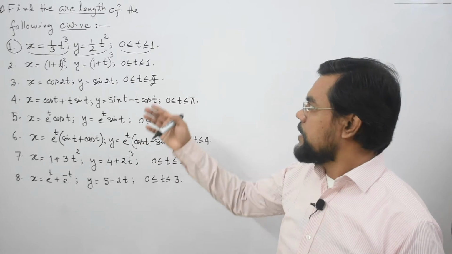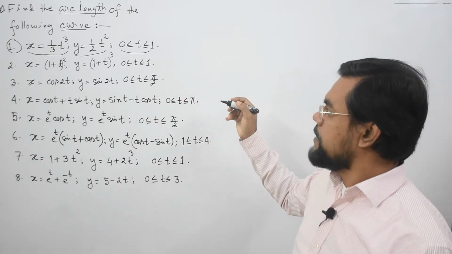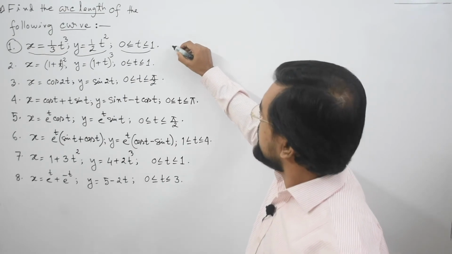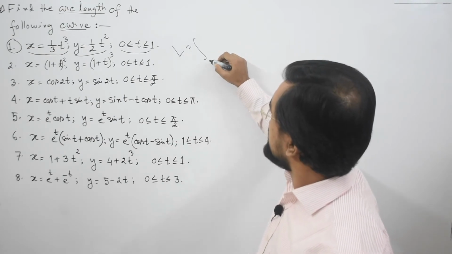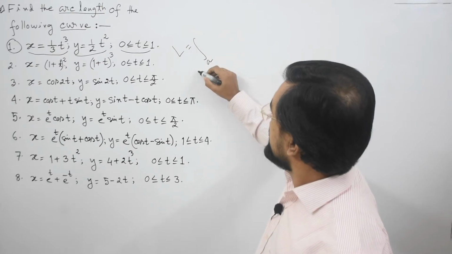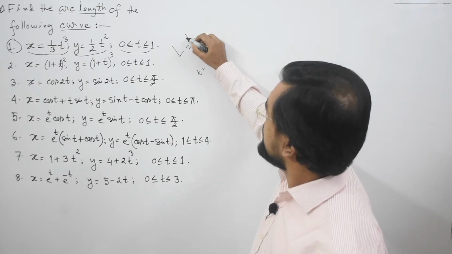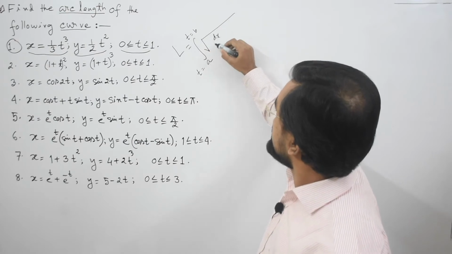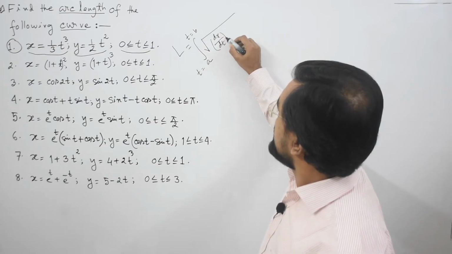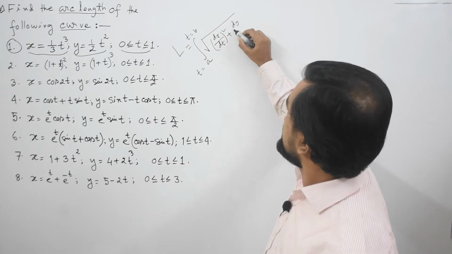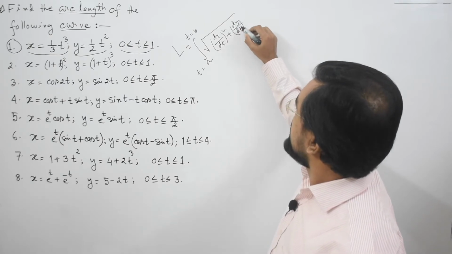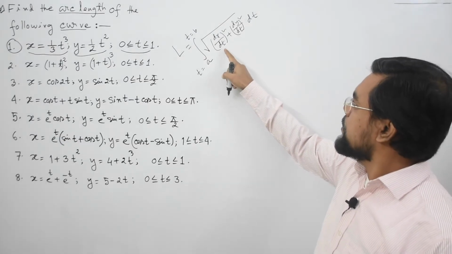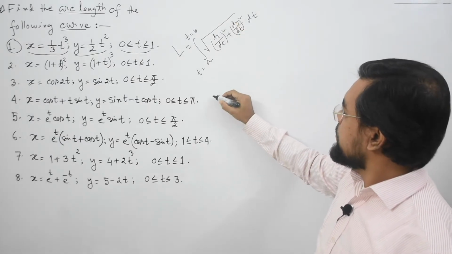So since the given curve is related to the parametric equation, our arc length formula will be the third one, which is L equal integration from t equal a to t equal b of the square root of (dx/dt) squared plus (dy/dt) squared dt. So first we need to calculate dx/dt and dy/dt.